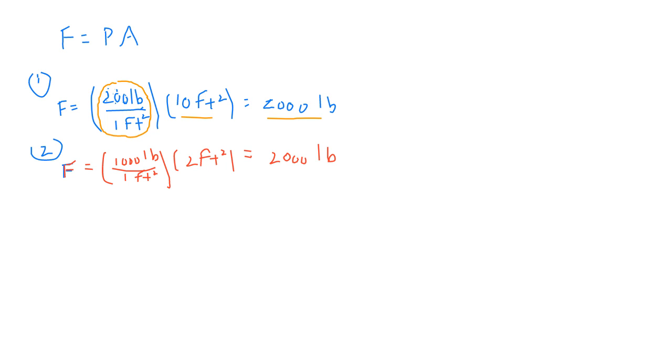And then you have maybe, well, not many people weigh 1,000 pounds per square foot, but maybe like a polar bear or something. Polar bear, 1,000 pounds per square foot, spread over 2 square feet, you get 2,000 pounds of force. So do you see that both the human and the polar bear, the force exerted is 2,000 pounds?